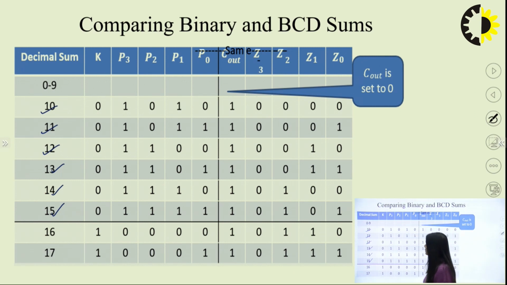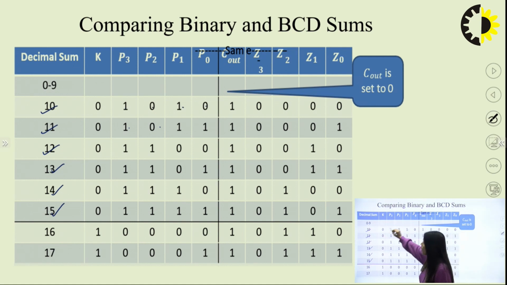Now coming to the point. 10 number, if I say this is 1010, 11 number which is 1011, okay. So 12 number, this is 01100 and this is 13, 01101.